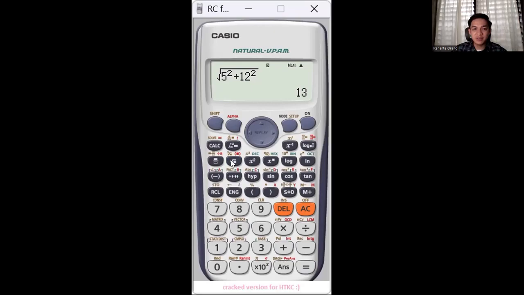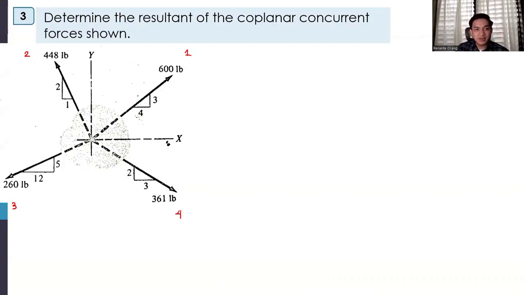And for our last force, we have the square root of 2 squared plus 3 squared. That's equivalent to square root of 13. So based on our calculations, our hypotenuse here is 5, here is square root of 5, here is 13, and here is square root of 13.